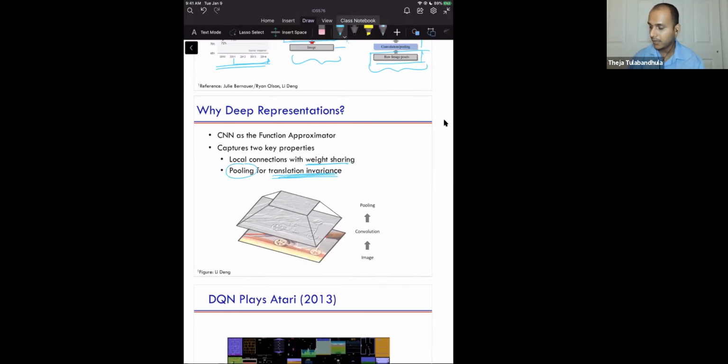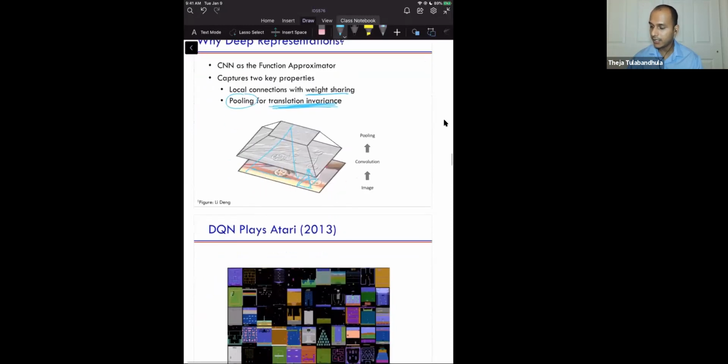Later layers will see larger parts of the input, whereas early layers will see small parts of the input. So CNNs are well aligned with the properties of images we expect, like translation invariance, and so they work really well.